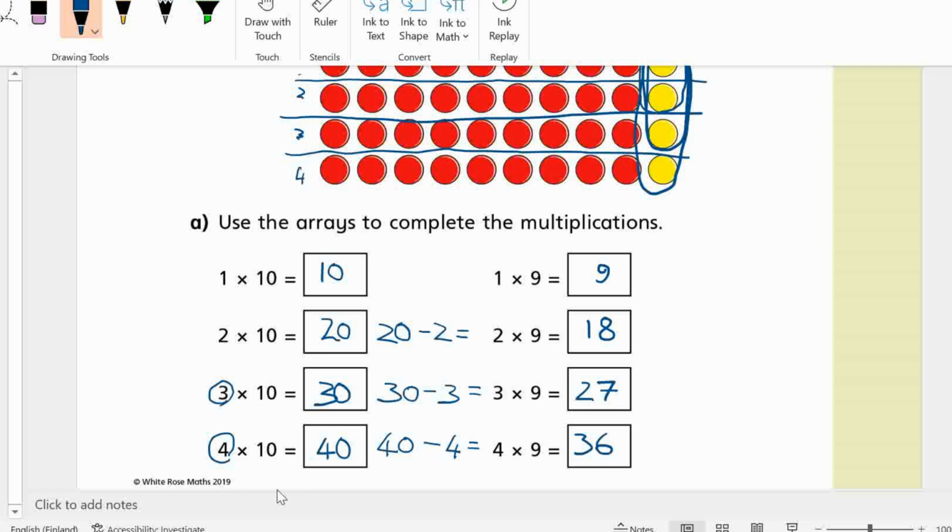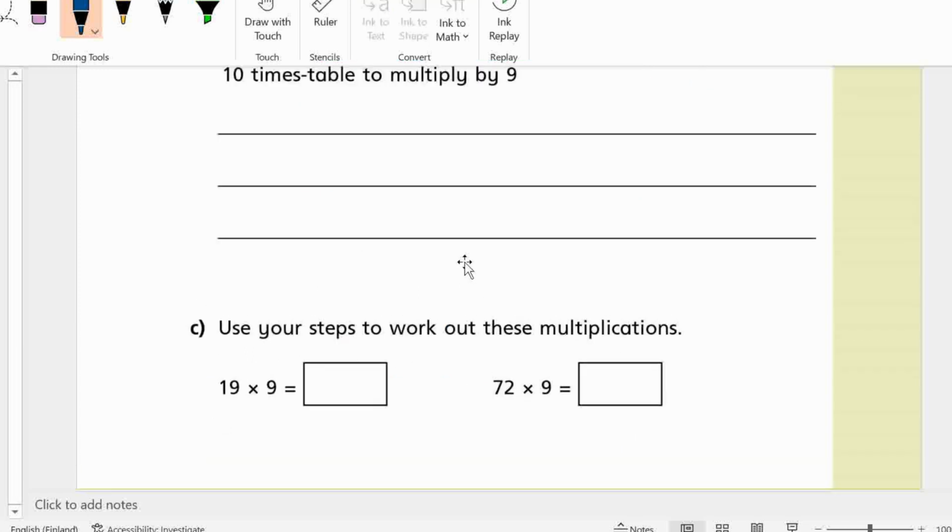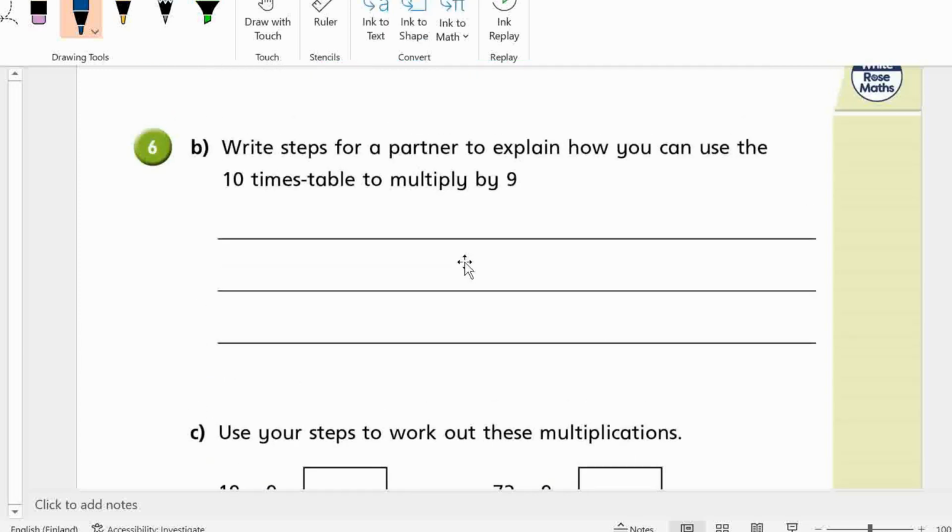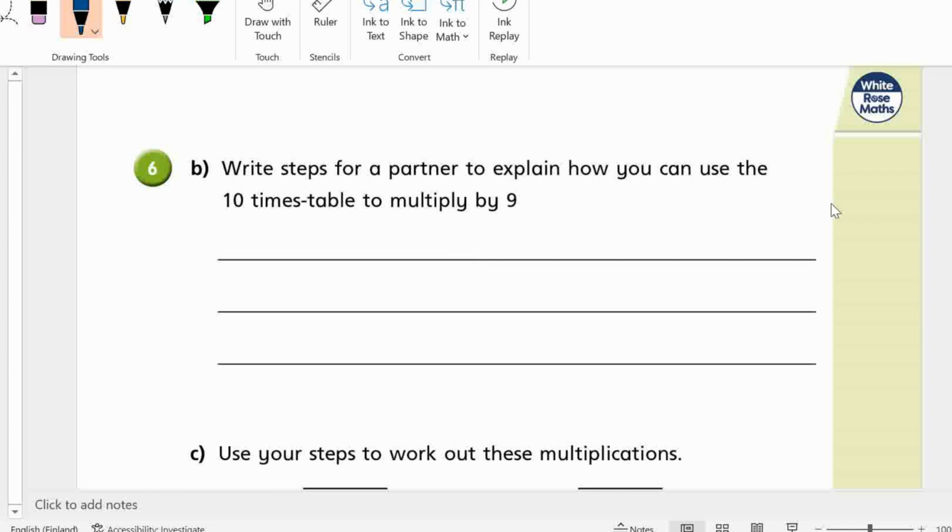Here, 10 take away 1 equals 9. Okay? So you need to explain that here in an equation. So let's have a little look. Let's do 5, because we haven't done 5. 5 times 10 equals what? 50.